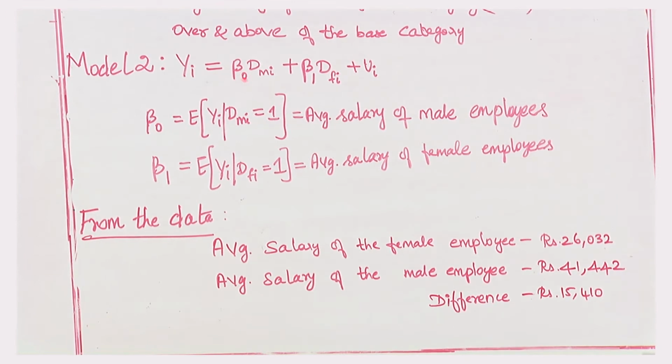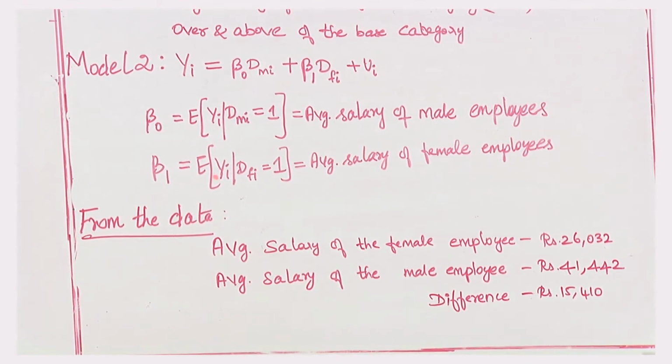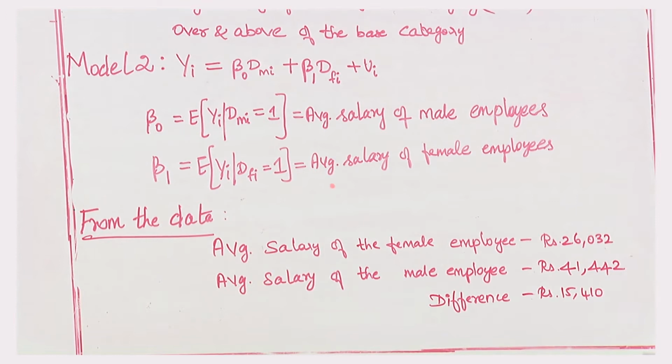This beta 0 is nothing but the conditional average of y given DMi is equal to 1, that is the average salary of male employees. Beta 1 is nothing but the conditional average of yi given DFi is equal to 1, otherwise the average salary of female employees. So, this is how the model is specified and the coefficients are interpreted.